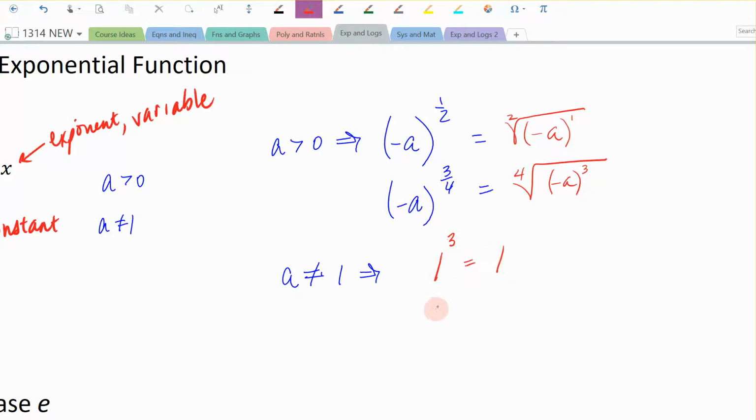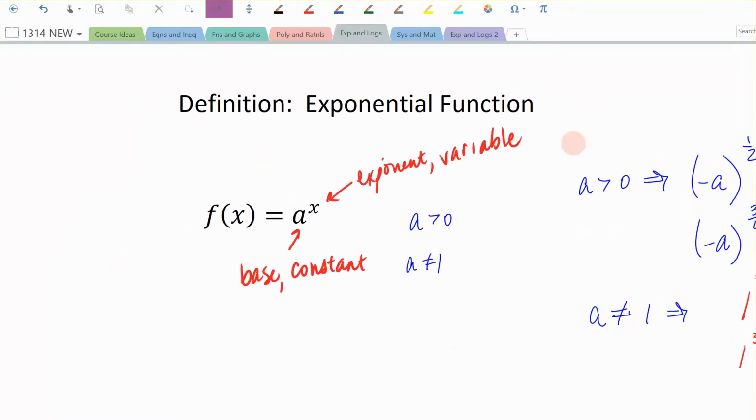If I have my base 1 raised to the 53rd power, that's still 1. If I have my base 1 raised to the 1,000th power, that's still 1. So if I have a base of 1, it doesn't matter what my exponent is, because it's always going to come back as the number 1. Those are the two restrictions we have on the base: it has to be greater than 0 and it just can't be 1.